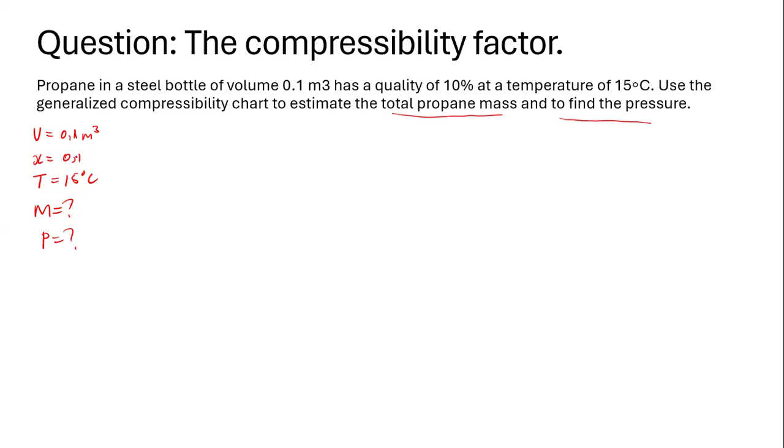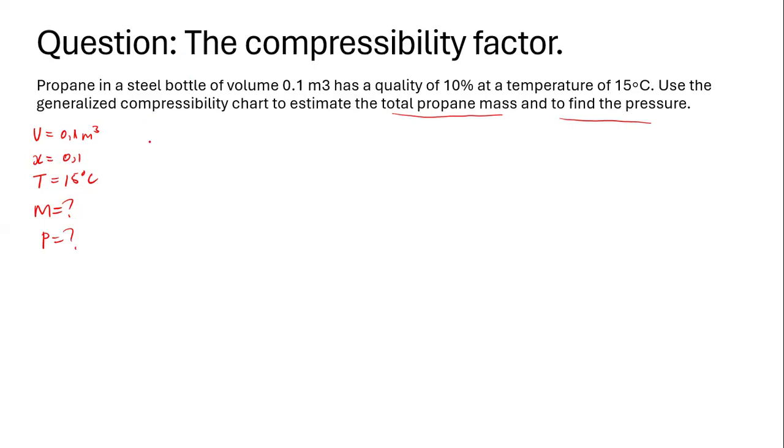Now, at this point in time, there are many formulae that you can think of, right? But for a fact that this question involves the compressibility chart, the equation that you're going to use to calculate mass is the compressibility equation.